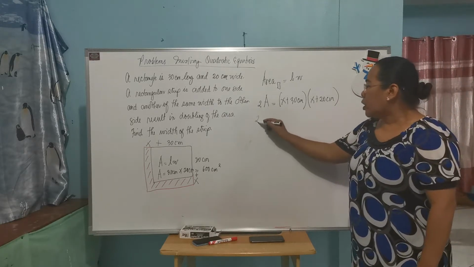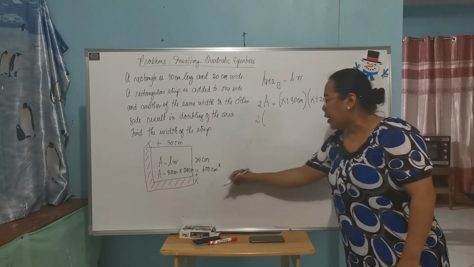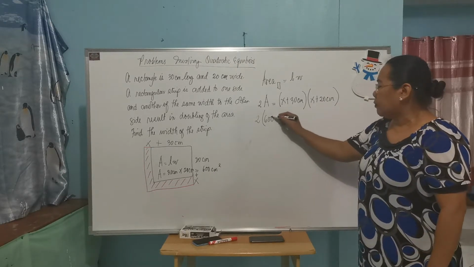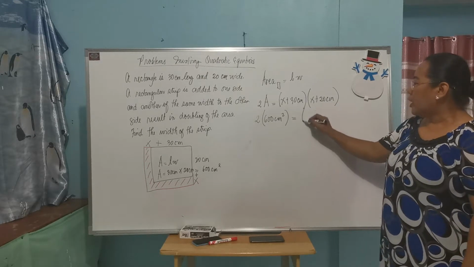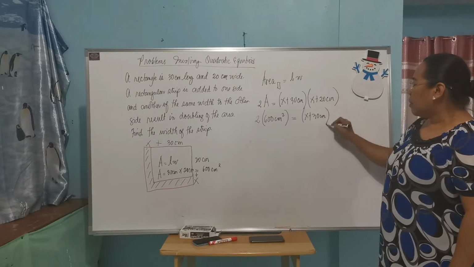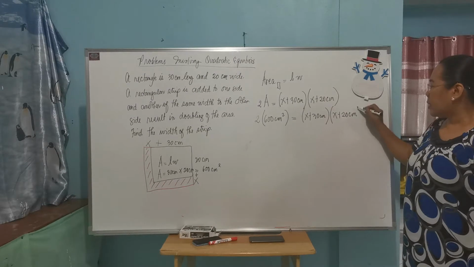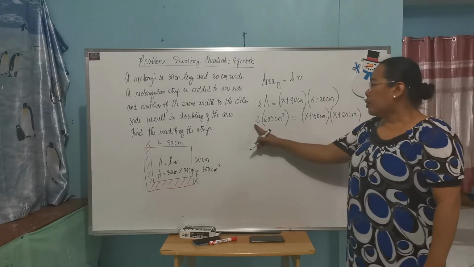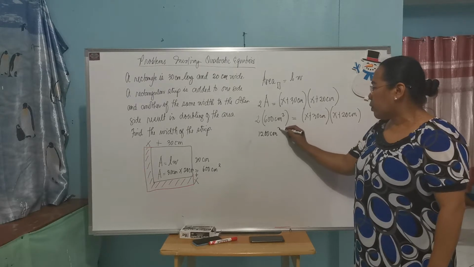So if we are going to have 2 multiplied by the original area, that is 600 centimeters square, this is equal to x plus 30 centimeters multiplied by x plus 20 centimeters. So we have to simplify. So this is 1,200 centimeters square.